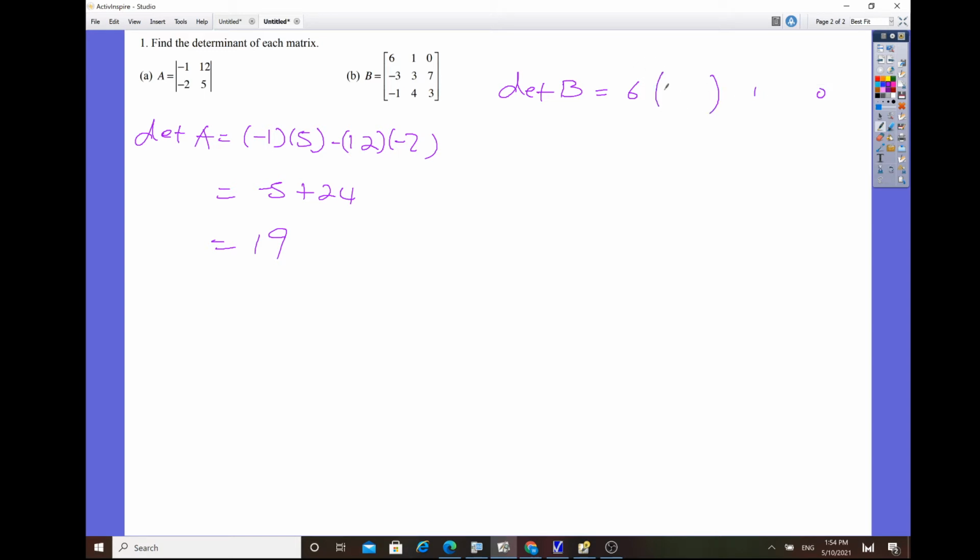The corresponding minor matrix for the first entry, 6, is 3, 7, 4, 3. For 1, the corresponding minor matrix is negative 3, 7, negative 1, 3. And for 0, the corresponding matrix is negative 3, 3, negative 1, 4.